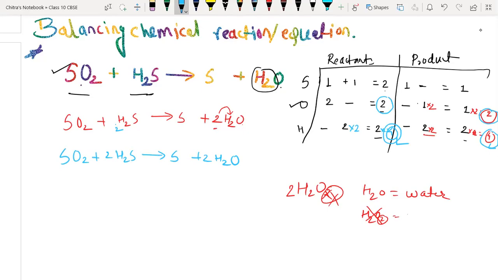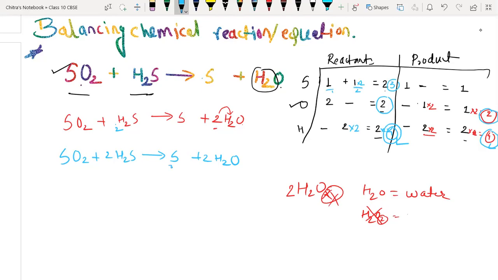So here we have to multiply by 2 on the second reactant. So the total number of sulfur will be 3 now. Here 2 into 1 is 2, and 1, so 2 and 1 is 3 now. So on the reactant side, we have to multiply by 3 here.